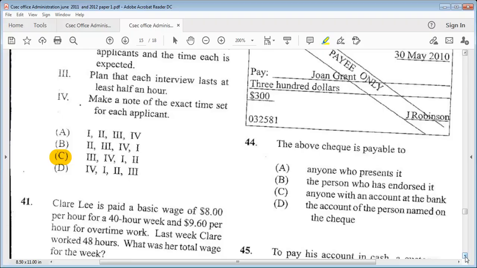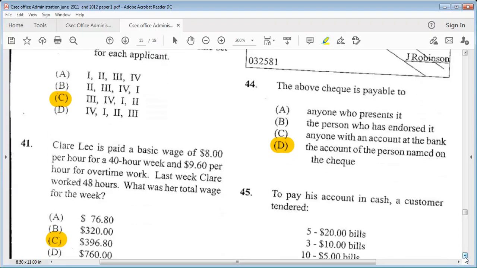It would most definitely be D, the account of the person named on the check. That is who it is being paid out to. All right. So there we have it.